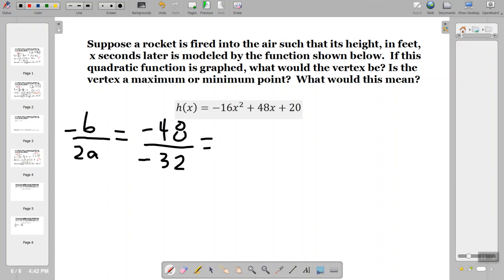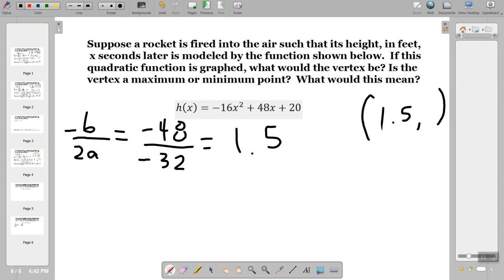We can use fractions, or maybe possibly we might want to use decimals. So let's divide that out on our calculator. 48 divided by 32 is 1.5. So the x-coordinate is 1.5.